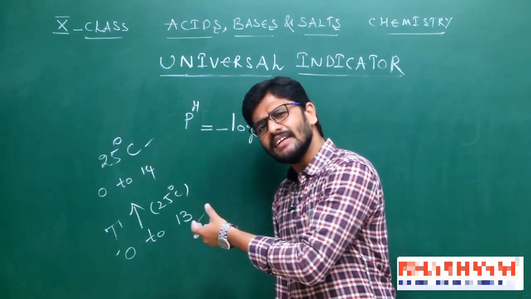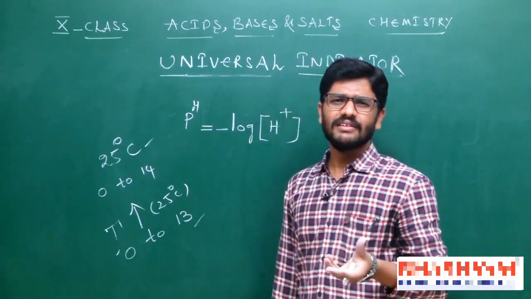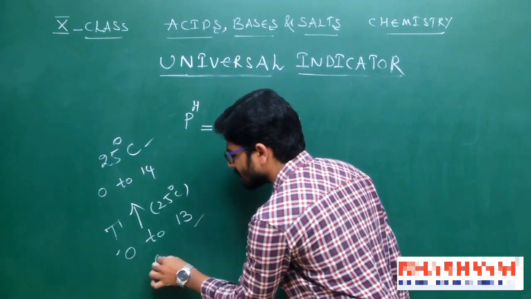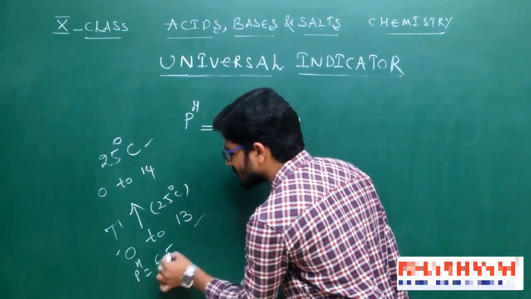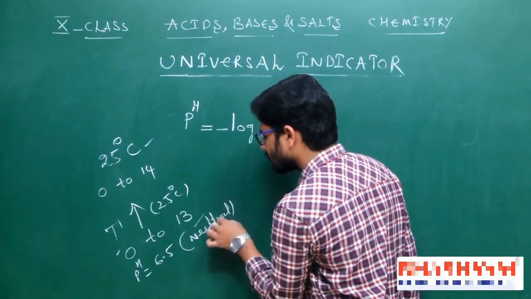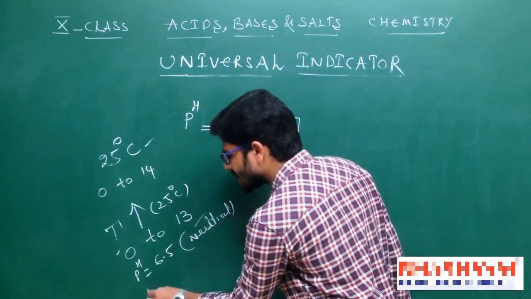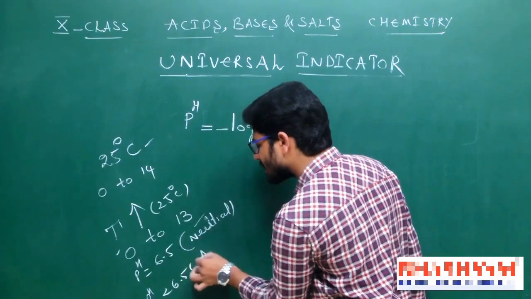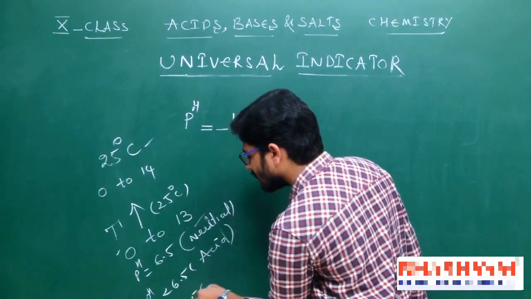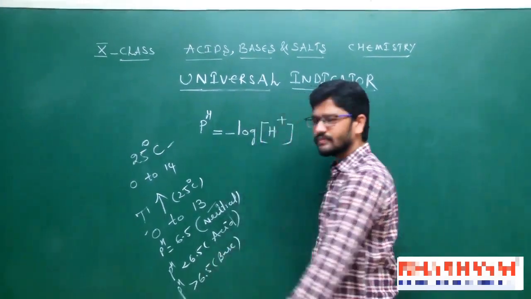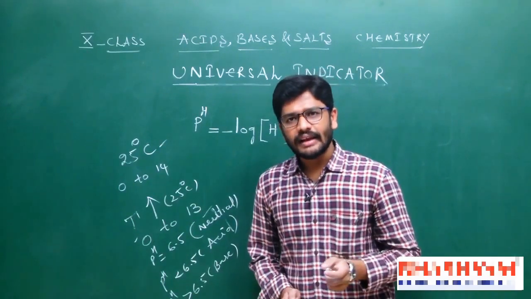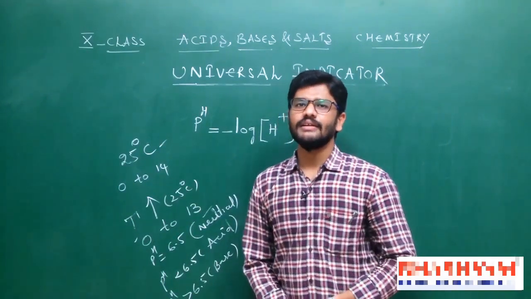Then how can we say that it is an acid or base? Simply, what is the mid value between 0 and 13? 6.5. Yes. If the pH is equal to 6.5, it is neutral. If the pH is less than 6.5, it is acid. If the pH is greater than 6.5, it is base. So this pH scale is valid at room temperature only, at 25 degrees Celsius.